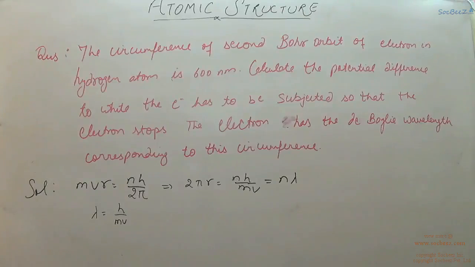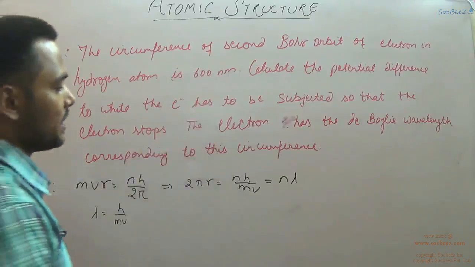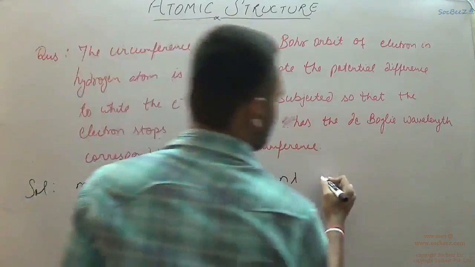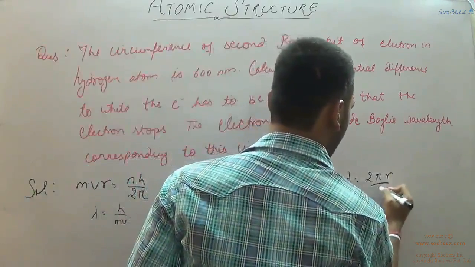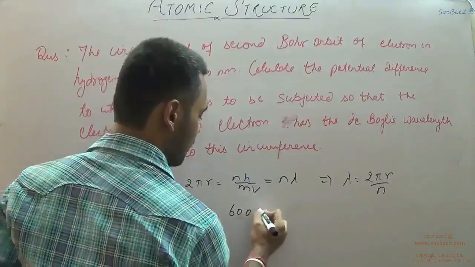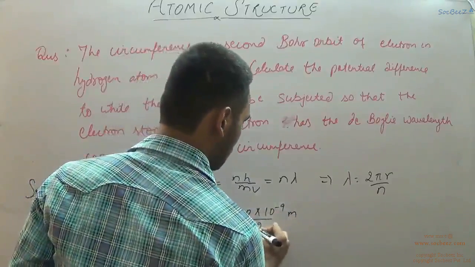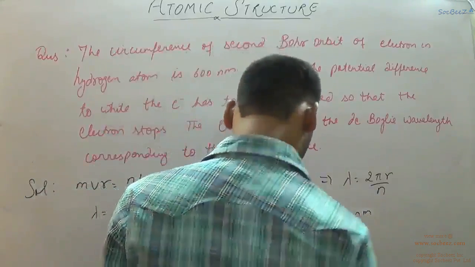Okay, so we know that the circumference is 2 pi r, which is given as 600 nanometer, and we know the value of n also. So from here lambda becomes 2 pi r upon n. So lambda comes out to be 600 into 10 raised to the power minus 9 meter upon 2, which is 300 nanometer.